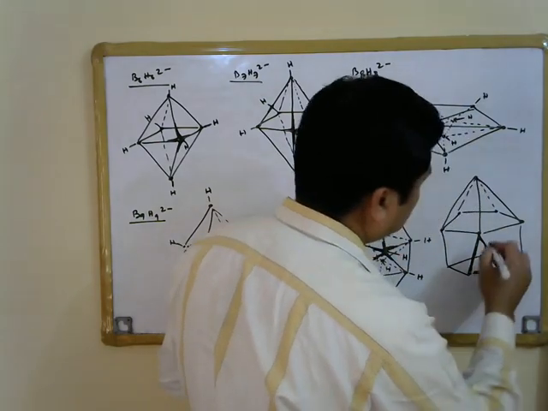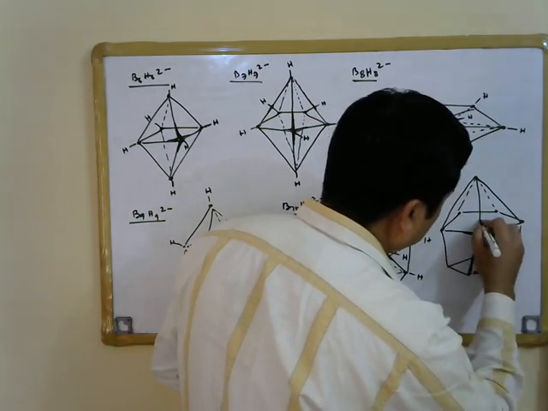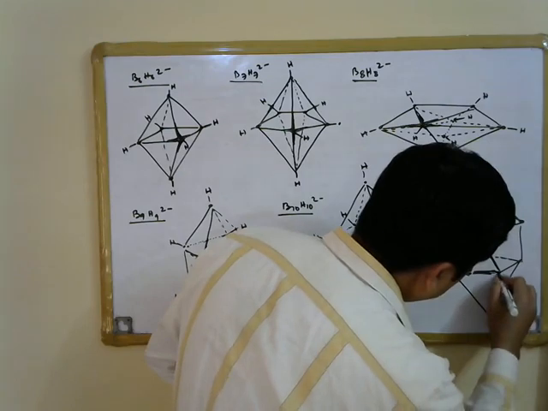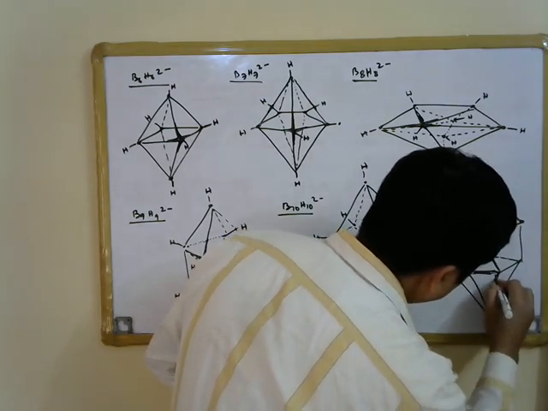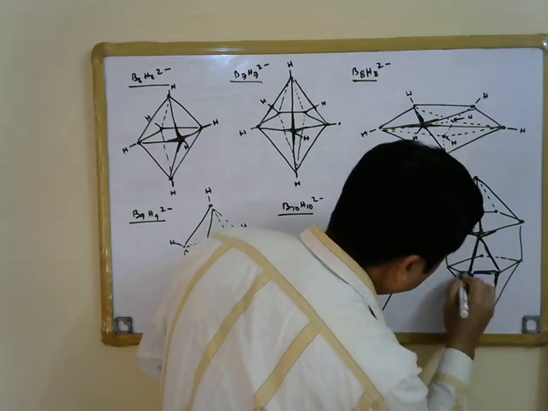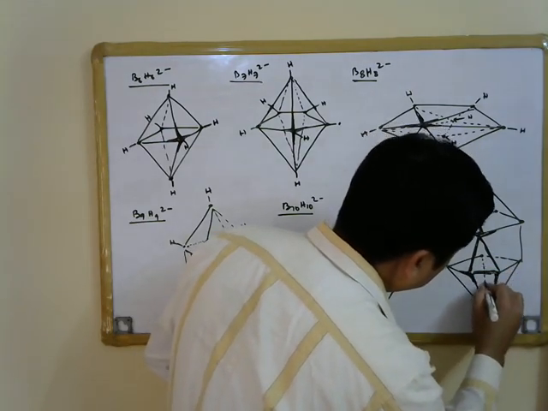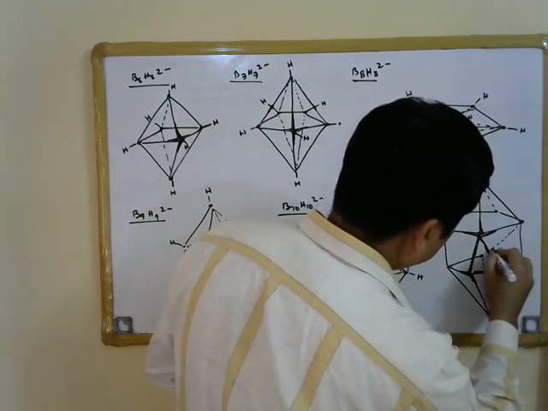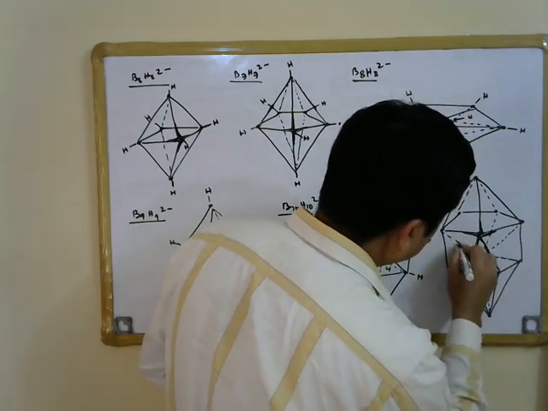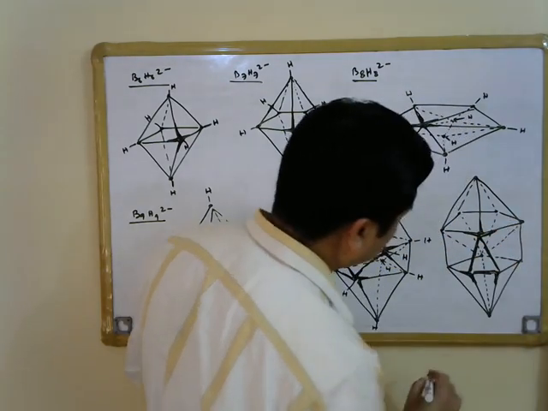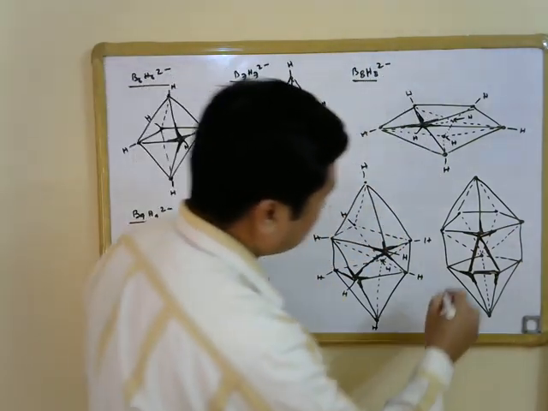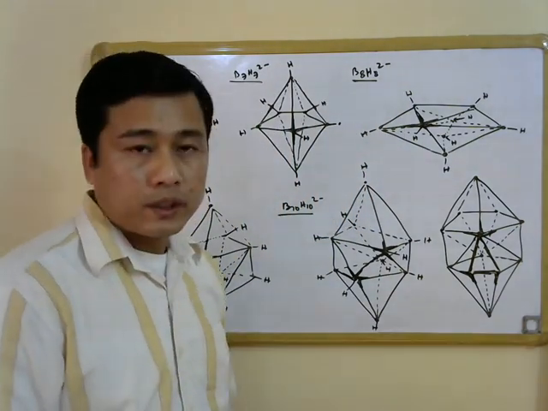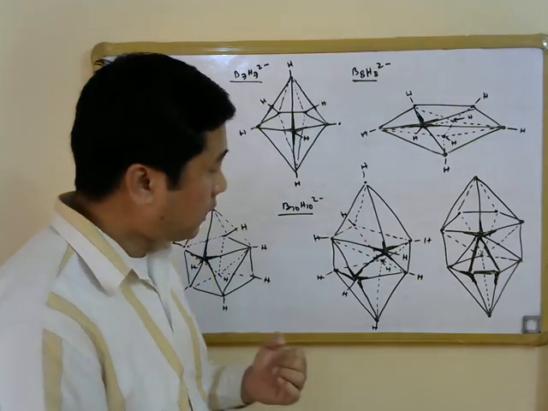Just darken these bonds. So we can count if there are 20 triangular faces or not in the icosahedral structure and then verify.